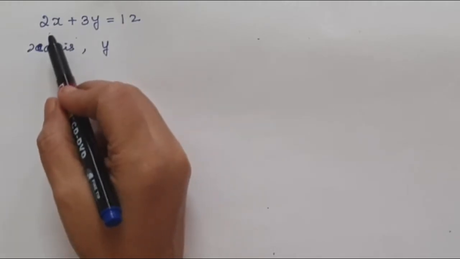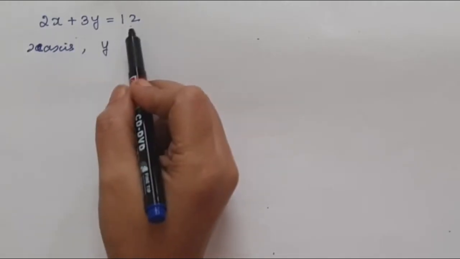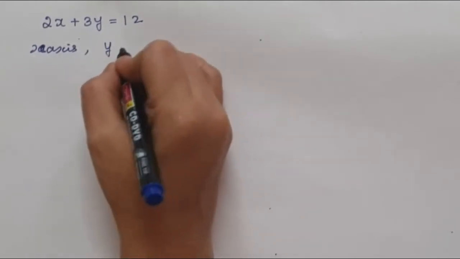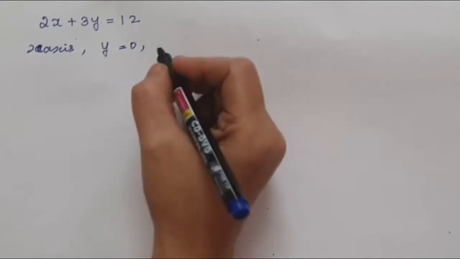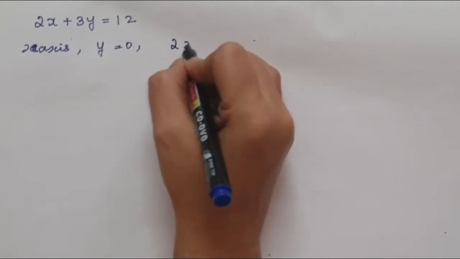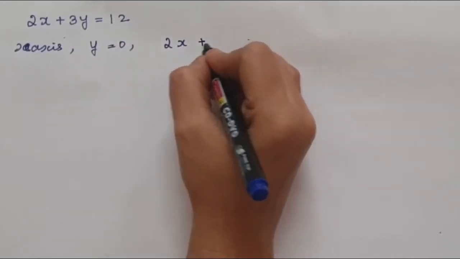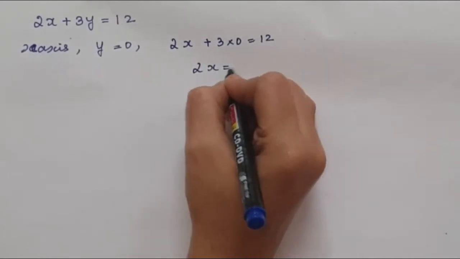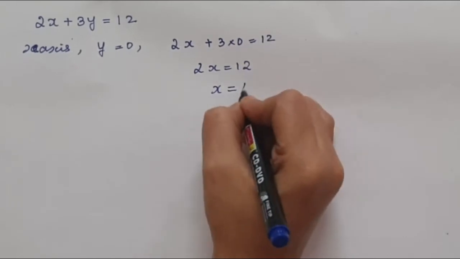If we are given the line 2x plus 3y equal to 12, to find where the line intersects the x-axis, we substitute y equal to 0. So when we substitute y equal to 0, we get 2x plus 3 into 0 equal to 12. So 2x will be equal to 12, so x will be equal to 4.